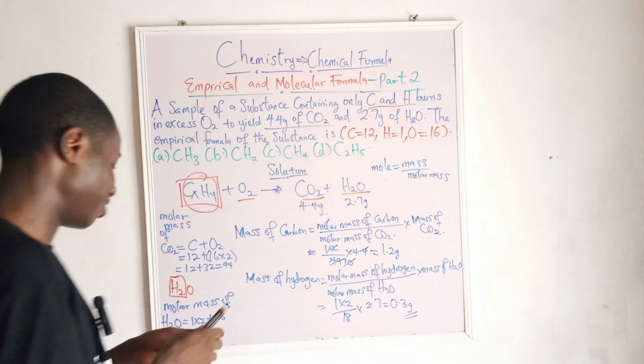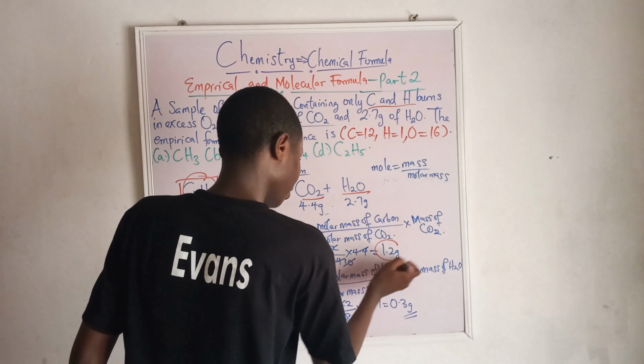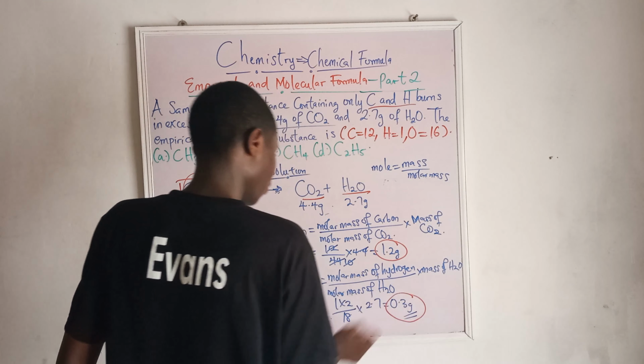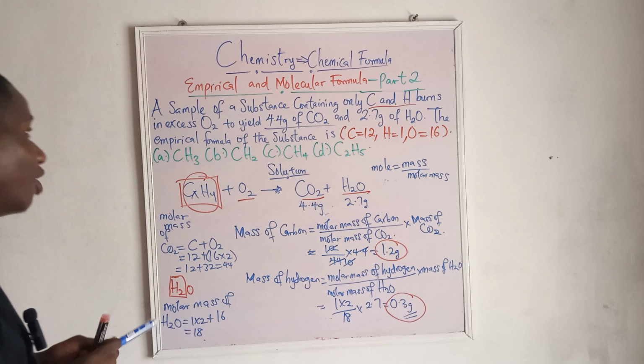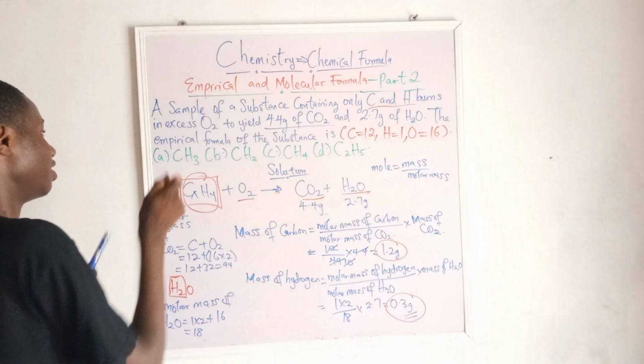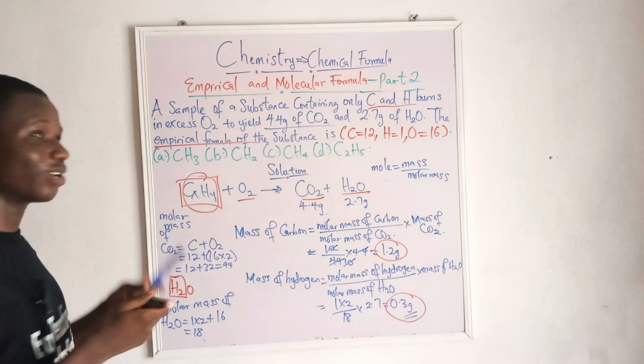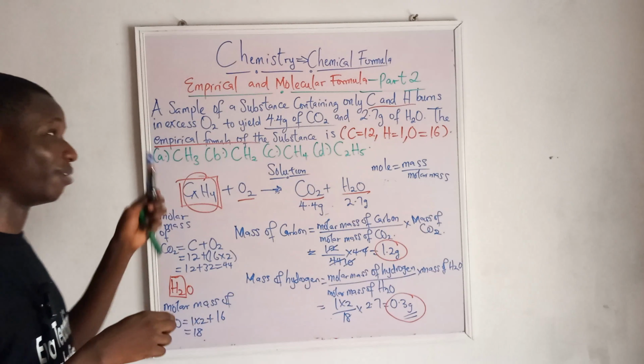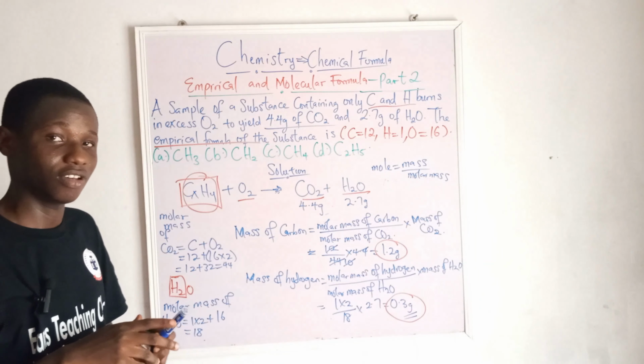So we have gotten the mass of carbon. We have gotten the mass of hydrogen. The next thing we are doing now is finding the empirical formula. Now this question has to do with what I wanted to talk about in the first part.